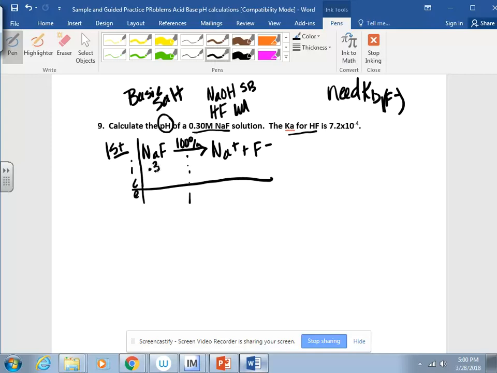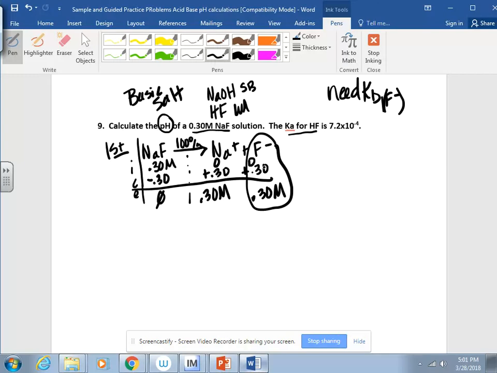So we have 0.30 molar, initially 0 and 0, minus 0.30, plus 0.30, plus 0.30. So that means at the end of this dissociation, we have 0.30 molar of the sodium ion and 0.30 molar of the fluoride ion.